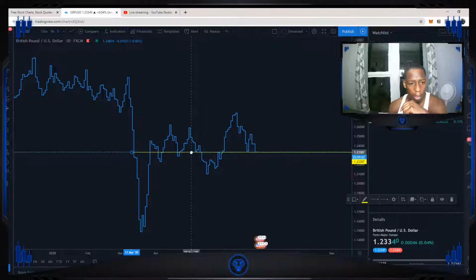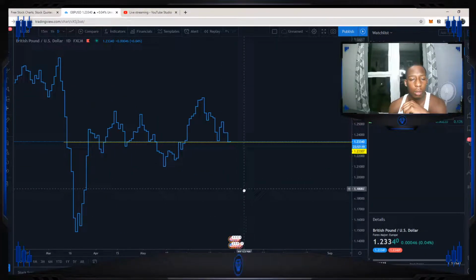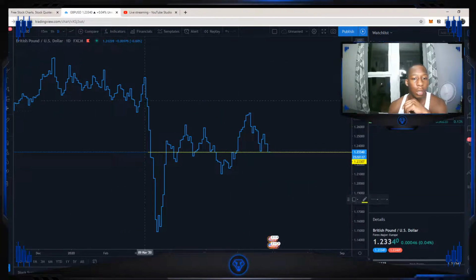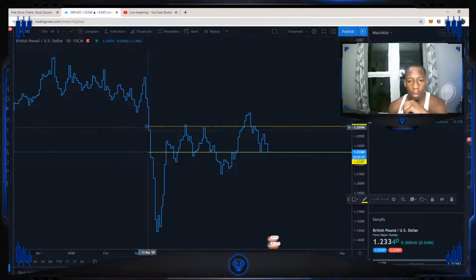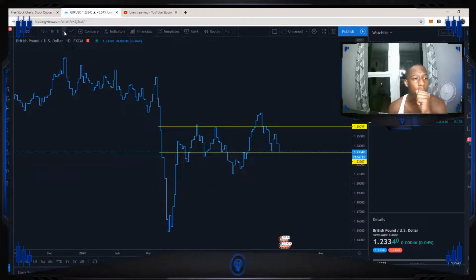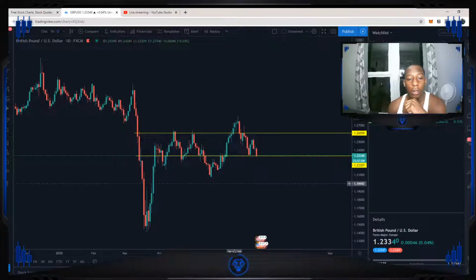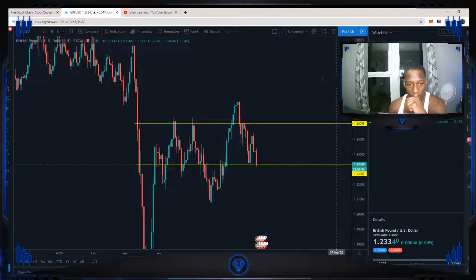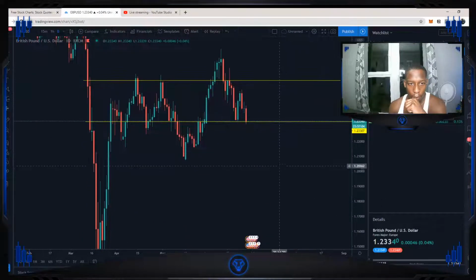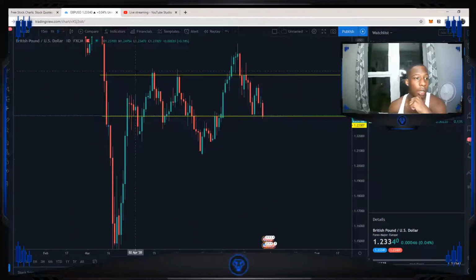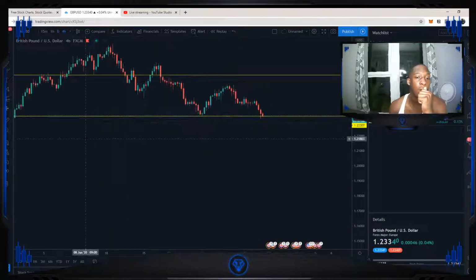We got support here as well. Resistance. Let's do that. Resistance here. Change it. See if that looks quite accurate. That looks decent. So let's go into the 4 hours, see if we can adjust that a bit.